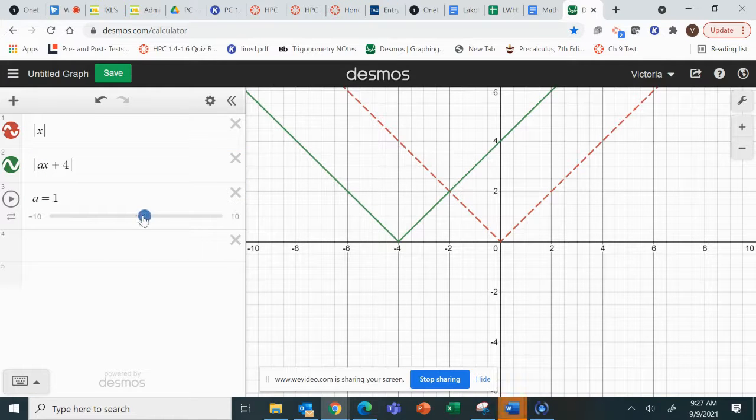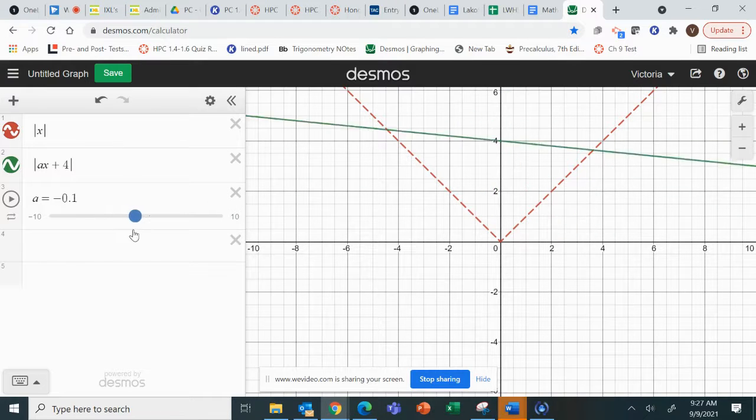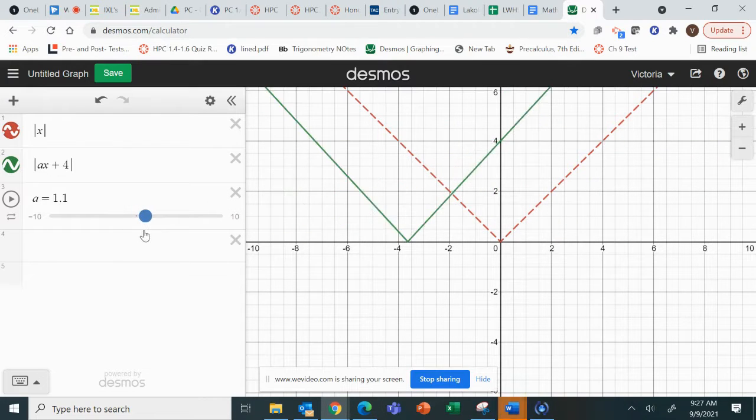So when I take this absolute value something x plus 4, as I'm getting closer to 2x, do you see how this guy is getting closer and closer and closer to the x and y-axis? Do you understand that? So when we do a horizontal shrink, it pushes it closer to the x-axis.